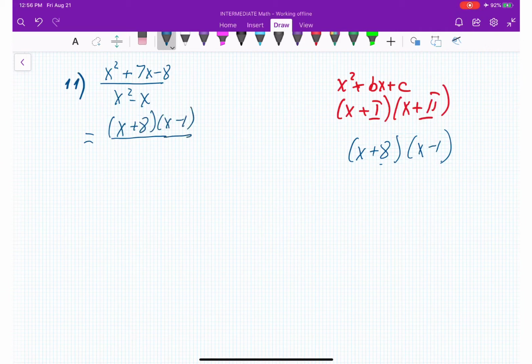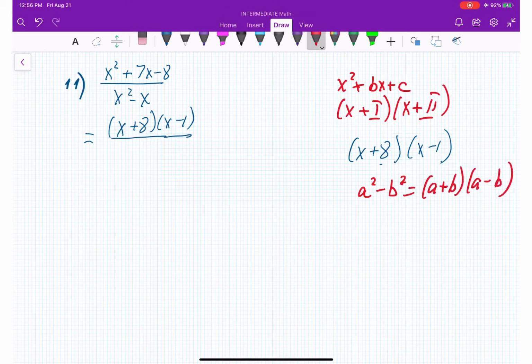And in the denominator, it's two terms. When you have two terms, it's either going to be a squared minus b squared, which is equal to a plus b times a minus b, or most likely it can be a common factor. In this case, it's not a squared minus b squared, because the second x doesn't have any square or other degree.